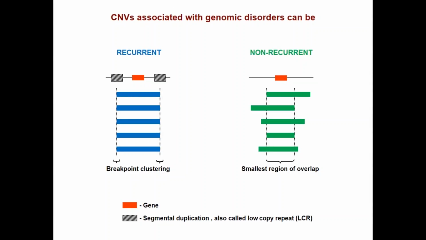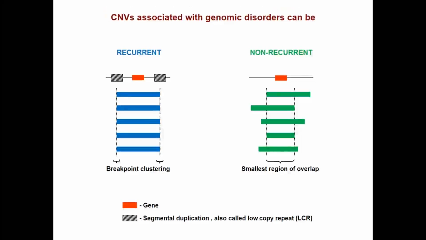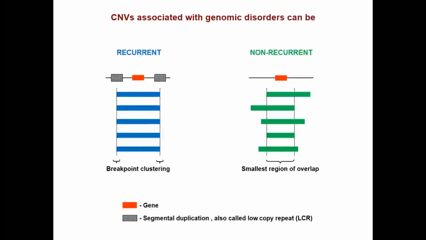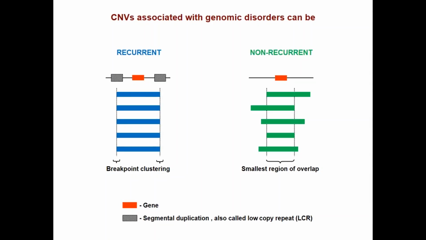CNVs can be categorized into two groups: recurrent and non-recurrent. Recurrent CNVs are those that have clustered breakpoints. If you take an individual with a certain deletion, and you compare the breakpoints of the deletion with another person who has a similar deletion, you will find that the breakpoints of the two deletions are very, very similar.